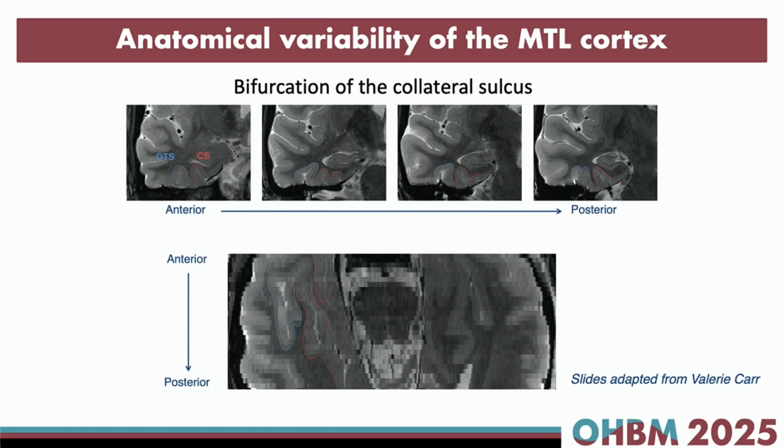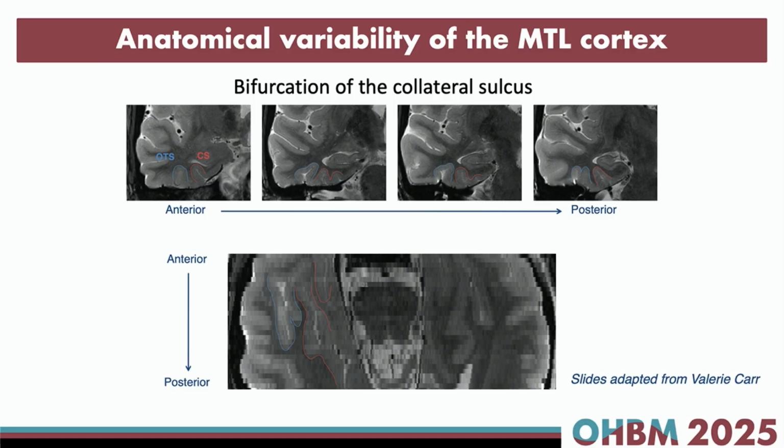And my colleague Valerie Karl made some nice slides to demonstrate this. So she showed that the collateral sulcus in this individual is bifurcated. The red area is the collateral sulcus, and in that most anterior slice they only have one collateral, and then in the slice more posterior to that, there's two collaterals.